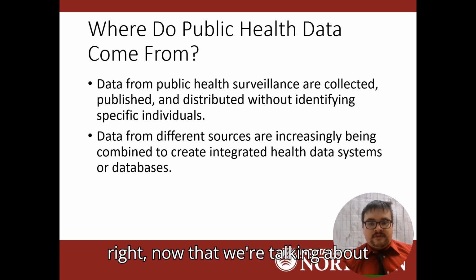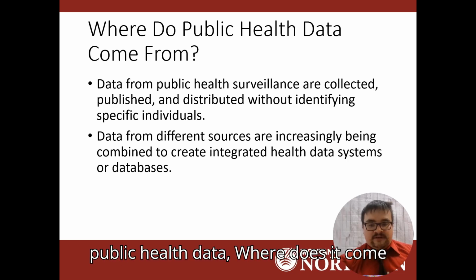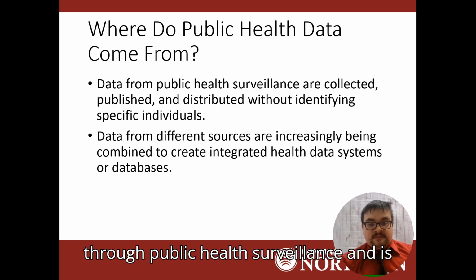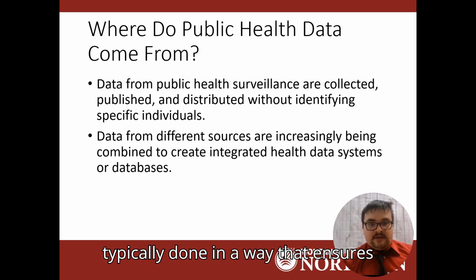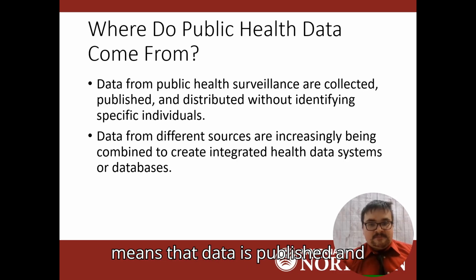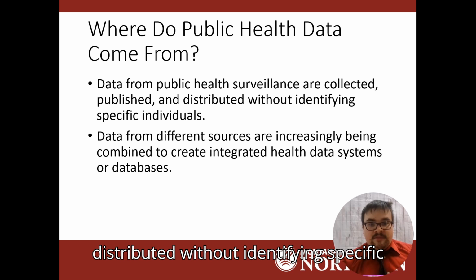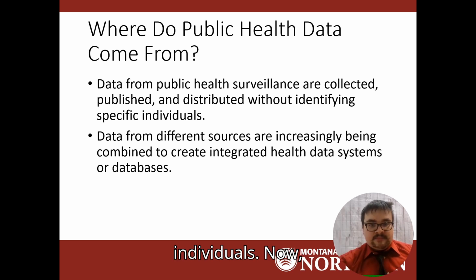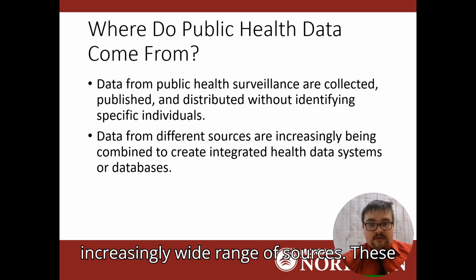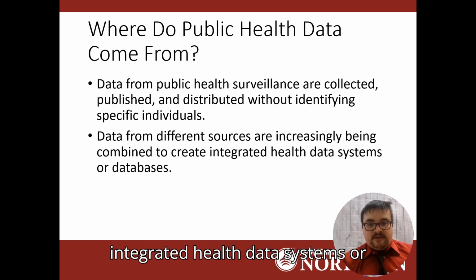All right, now that we're talking about public health data, where does it come from? This data is collected through public health surveillance and is typically done in a way that ensures individual privacy is protected. This means the data is published and distributed without identifying specific individuals. Public health data comes from an increasingly wide range of sources. These sources are often combined to create integrated health data systems or databases.